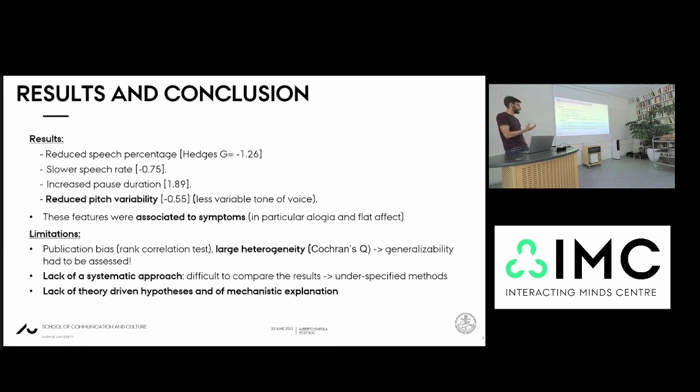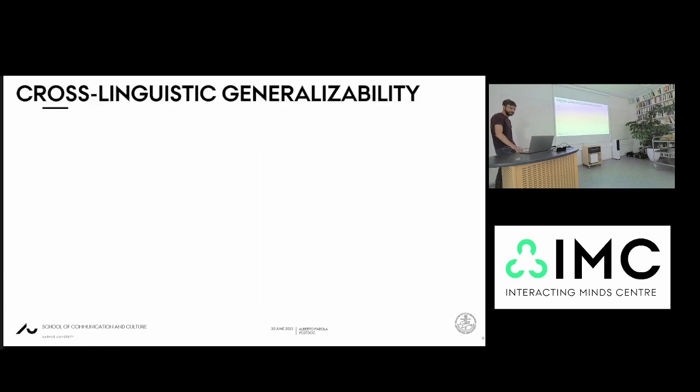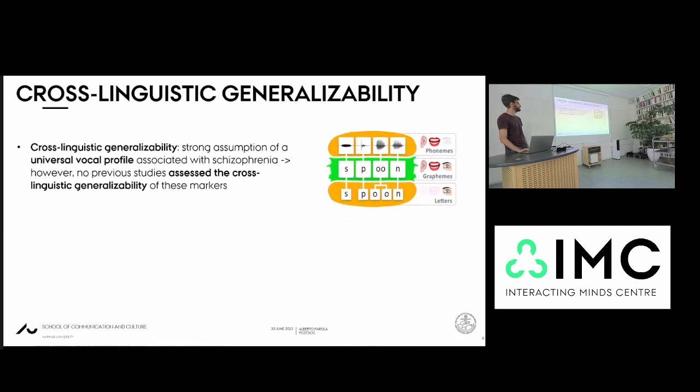We found publication bias for most of the acoustic and NLP features. We found large heterogeneity, so the generalizability of these results has yet to be assessed. We found a lack of systematic approach, a lack of theory-driven approach, very different methods, very different pipelines, very different statistical analyses. So it was very difficult to compare the results and get an overall picture from this literature. But the two most important problems were these two.